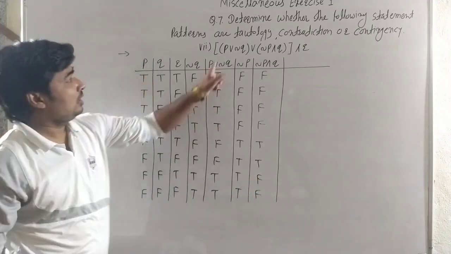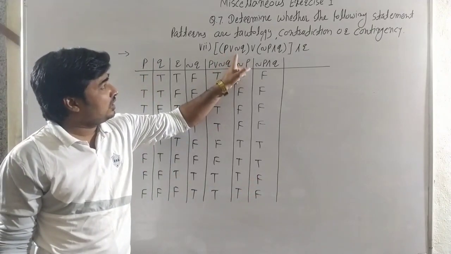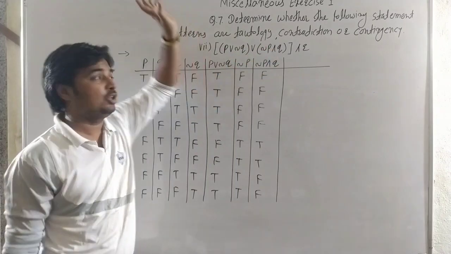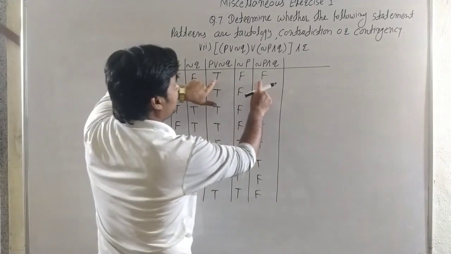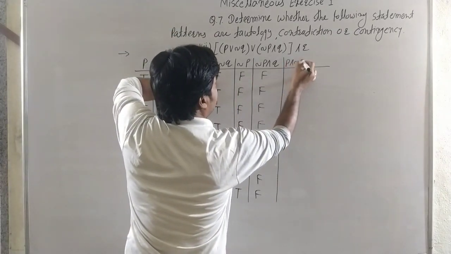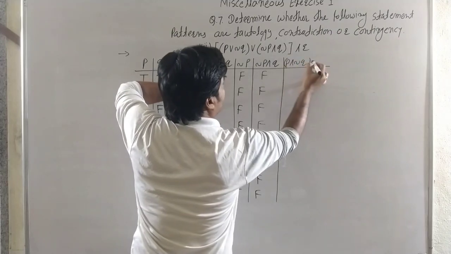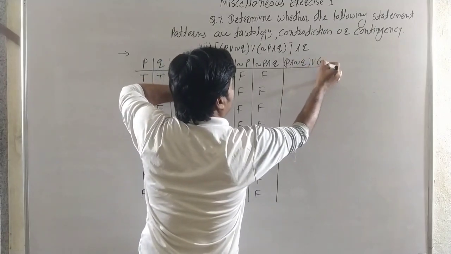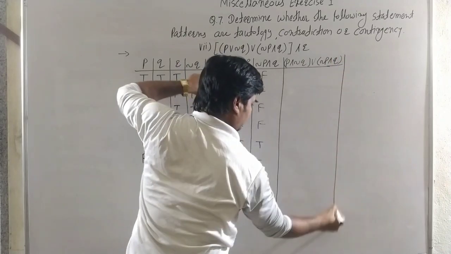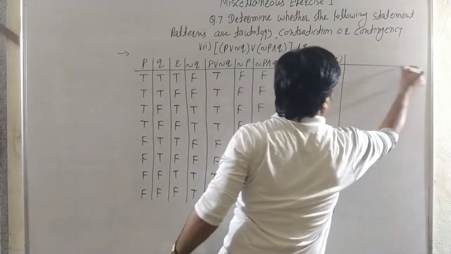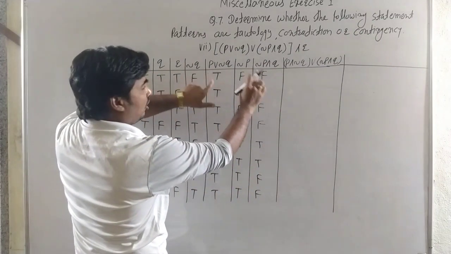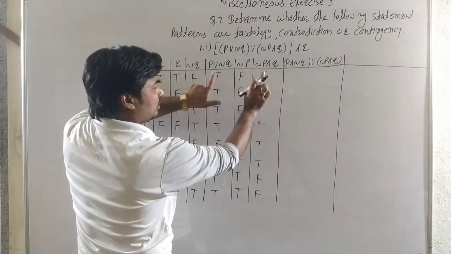Now, P or negation Q, or negation P and Q. That means the OR of these two statements: P or negation Q, or negation P and Q. In the OR, if at least one is true, then the result is true.